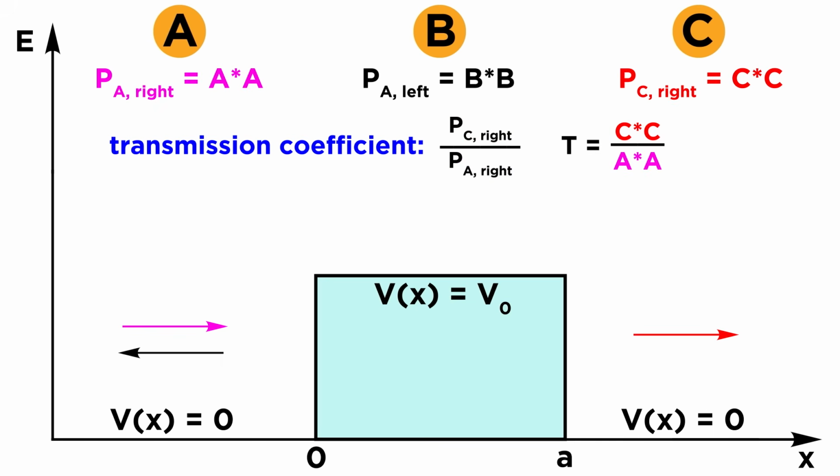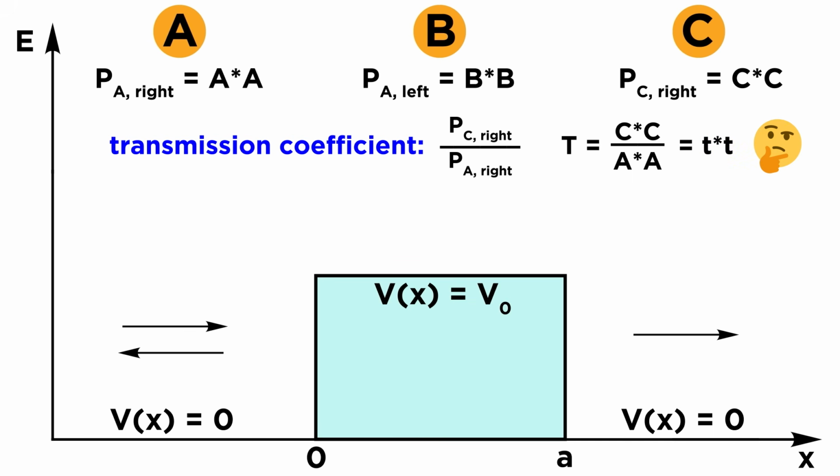So we can take the relevant results and place one over the other to get C star times C over A star times A. We can define this as a transmission coefficient T. To make things easier, we can introduce a lowercase t and set it equal to C over A, so that this expression can be abbreviated as lowercase t star times t.